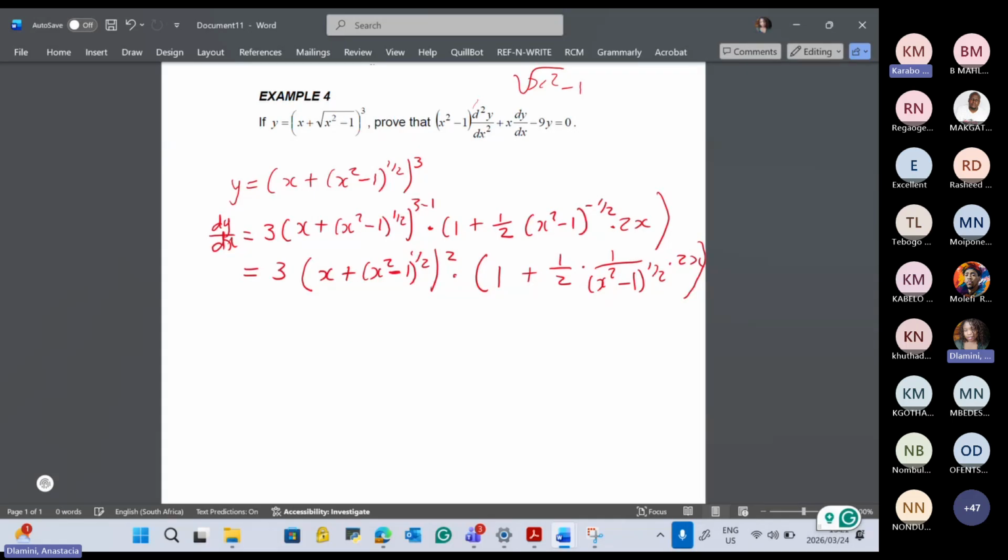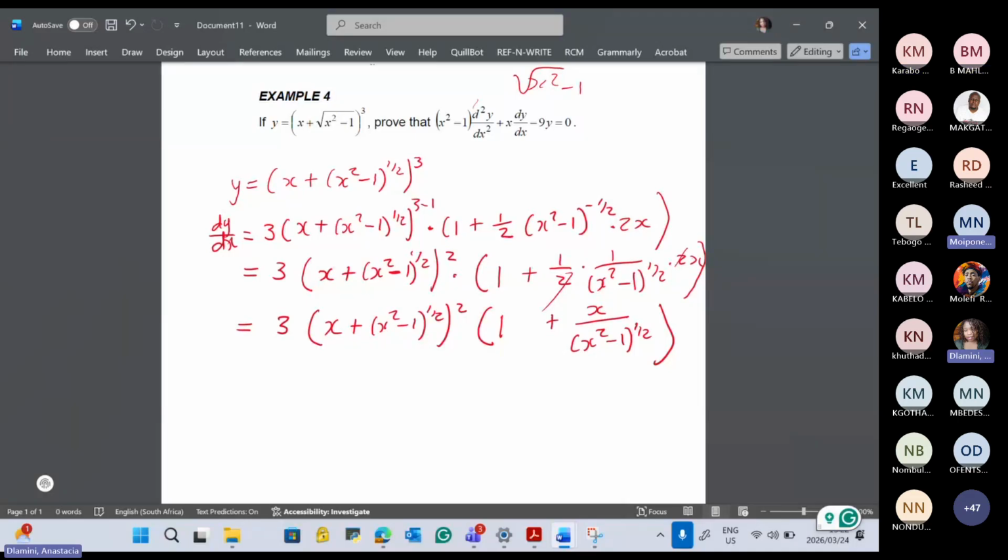So this 2 divides this 2. So it means that this is equal to 3x plus x squared minus 1 over 2 squared. Are you watching, so that I don't make a mistake? Yes, we are watching. So then this becomes 1 plus x over x squared minus 1 to the power of 1 over 2. Are we together then? Yes.